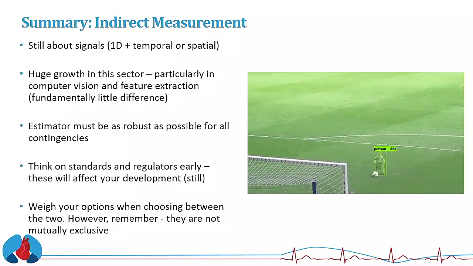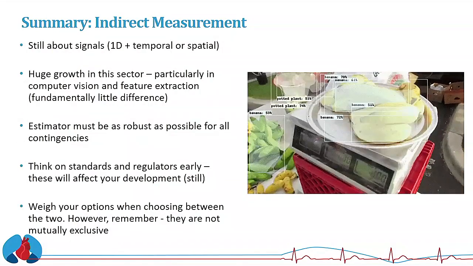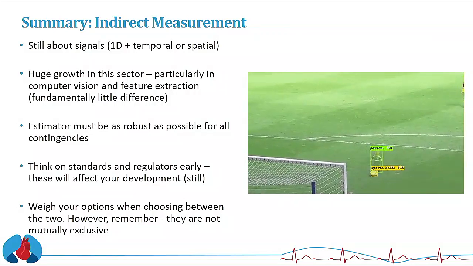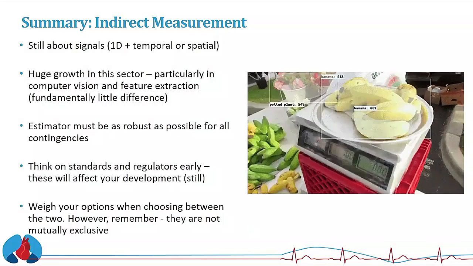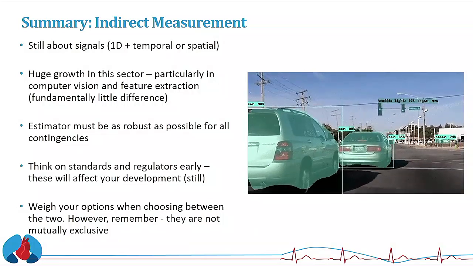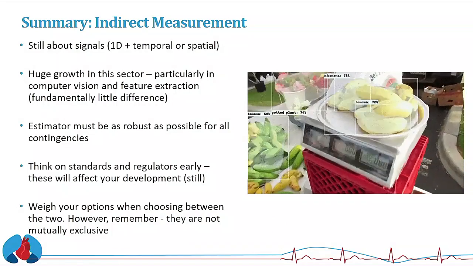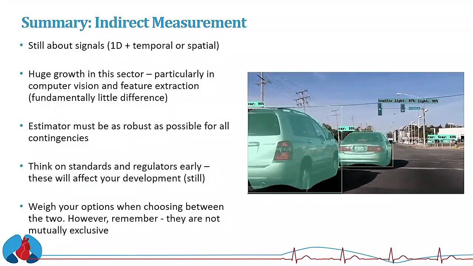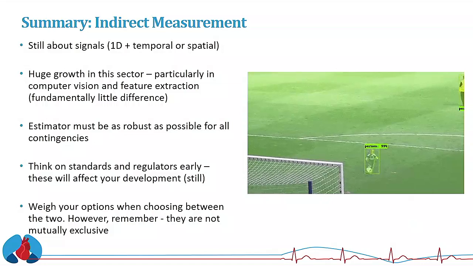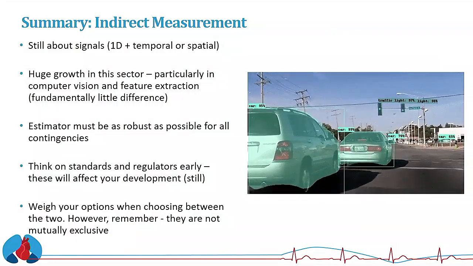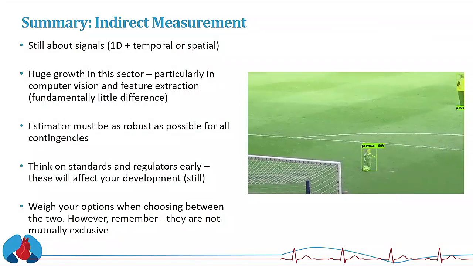Indirect measurement, it's still all about signals. 1D can be temporal or spatial. Oftentimes these things are spatial. There's huge growth in this sector. If you want to get into this kind of thing, now is the time. It is gangbusters at the moment, particularly in the computer vision thing, but also you saw with those brain-computer interfaces, they're blowing up right now.